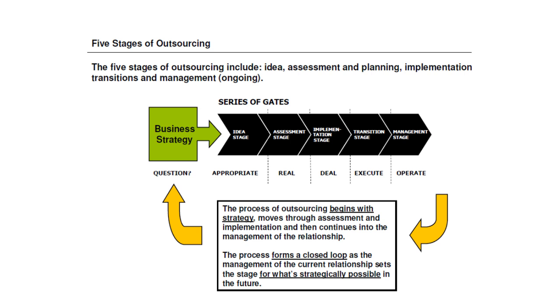Okay, these are the 5 stages. This is actually a circle. You got my point. Management, new, and so on. So this is like a cycle.